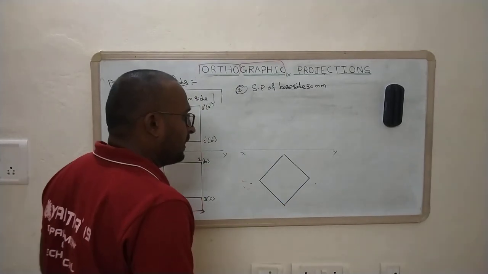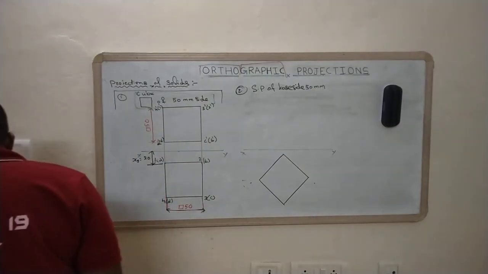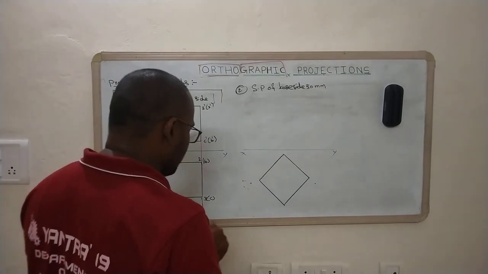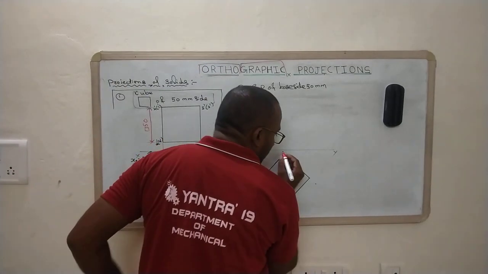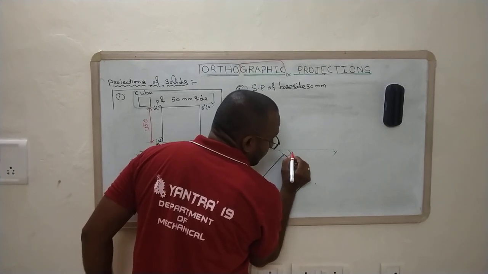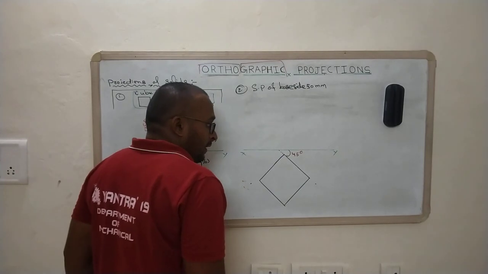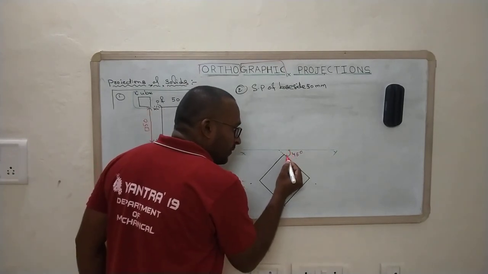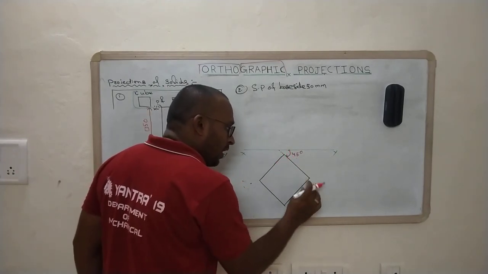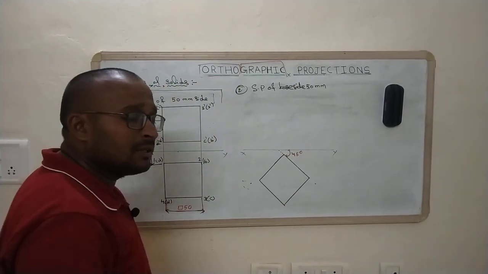So now here it is the square, when its angle of inclination with respect to this is about 45 degrees. Right? So here to here is 45 degrees. So automatically all the rectangular surfaces are going to be equally inclined with VP.